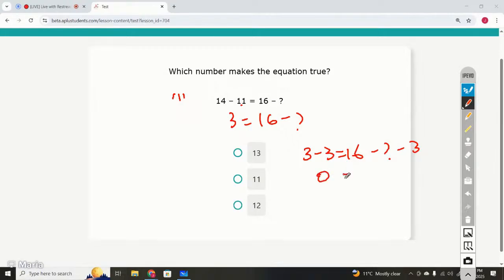3 minus 3 is 0. 16 minus 3 is 13 minus the missing number. So 13 minus what number is 0?